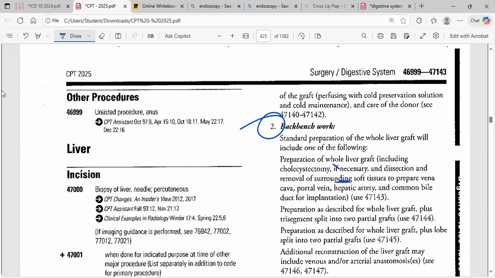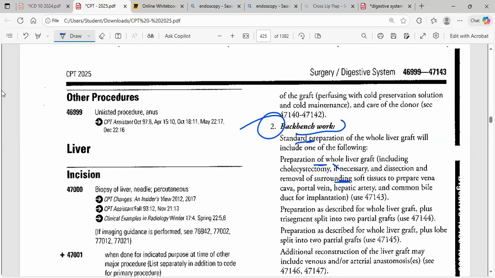So preparation of the whole graft or liver graft before placement is known as backbench work. It's a standard preparation of every graft, not just liver, because any transplantation includes these three parts: donor work, backbench work, and then recipient work.